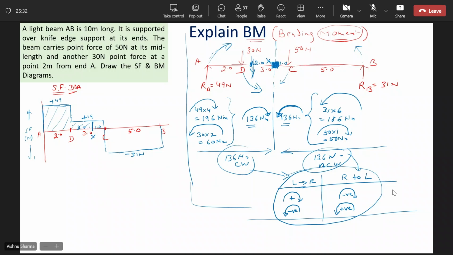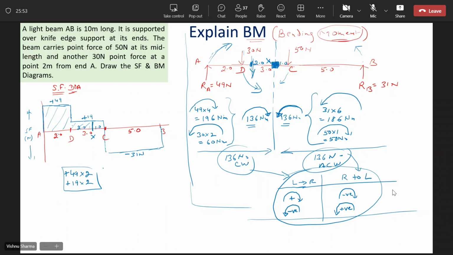Am I right? What is the area under the SF diagram to the left of X? It is 49 plus 49 into 2, and then another is plus 19 into 2. Do you agree this is the area under the SF diagram to the left of X?